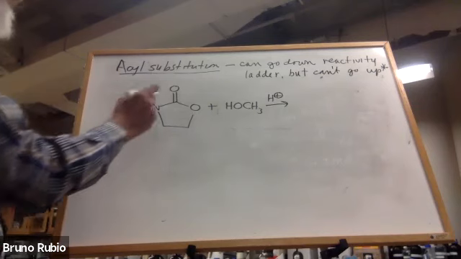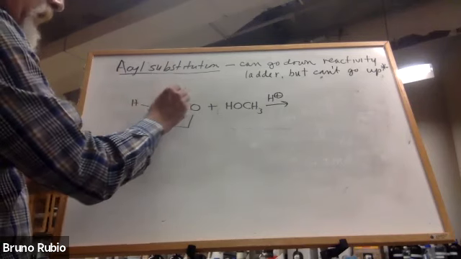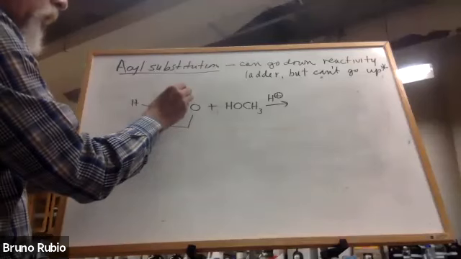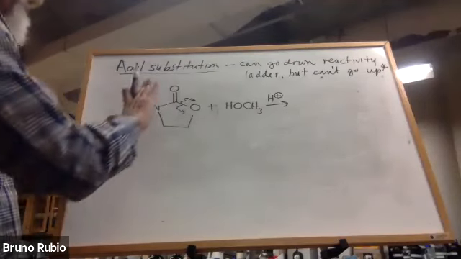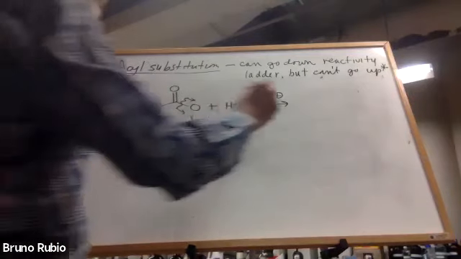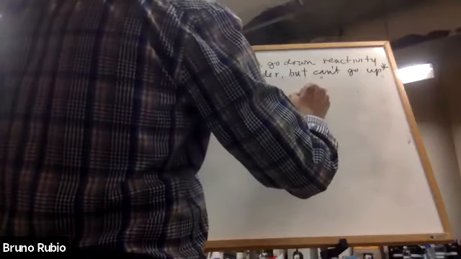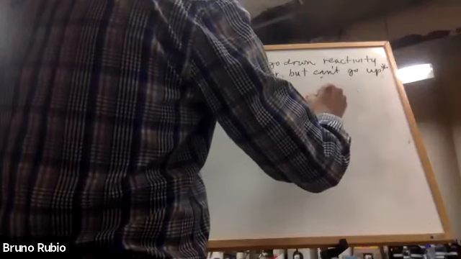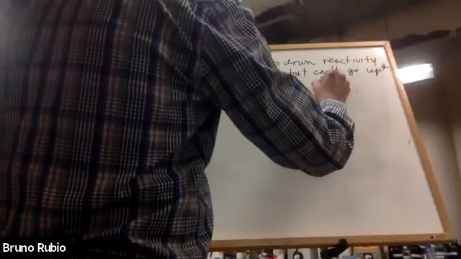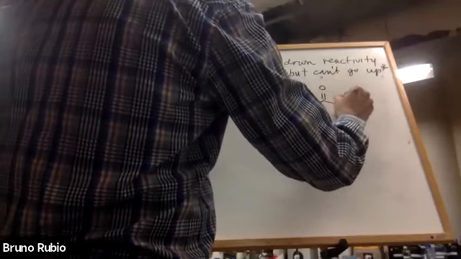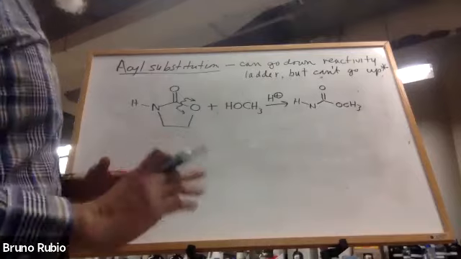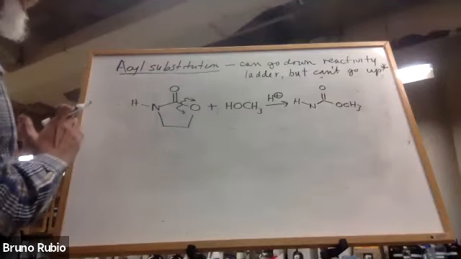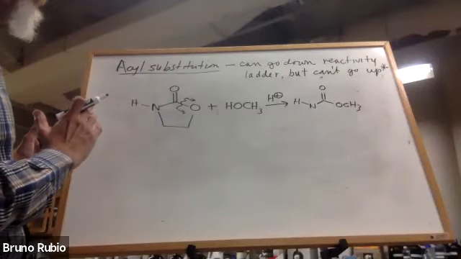So indeed, the bond to the ester is going to break off, and the nucleophile will take its place, minus a proton. The nucleophile was this molecule of methanol. You see how the nucleophile has taken the place of the departing leaving group.